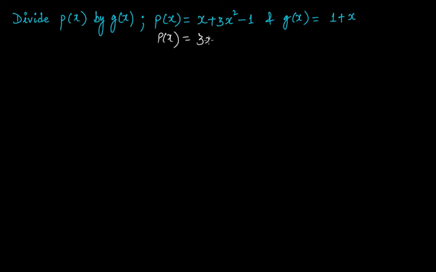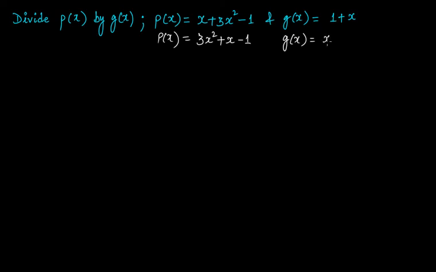3x squared plus x, that is in the decreasing order, minus 1, and g(x) will be, this is 1 plus x. So x, 1 means what? 1 multiplied by x raised to the power of 0. So this is x raised to the power of 1, here it is x raised to the power of 0.